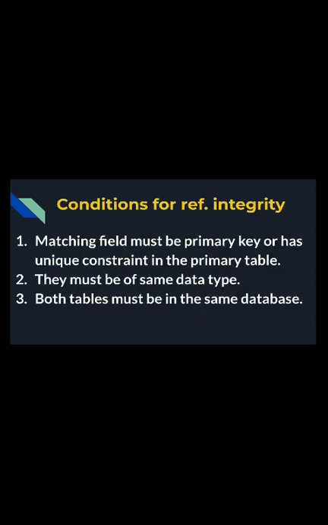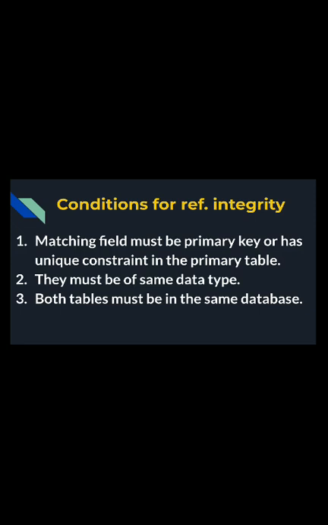The conditions for referential integrity are, first, the matching fields must be a primary key or have a unique constraint in the primary table. As I told you, in the parent table it should be the primary key or have a unique constraint. They must be of the same data type.